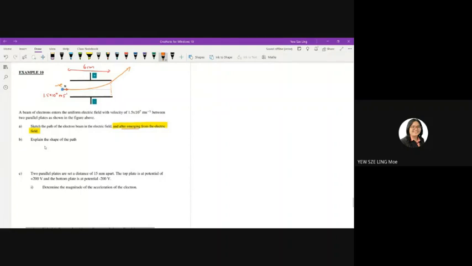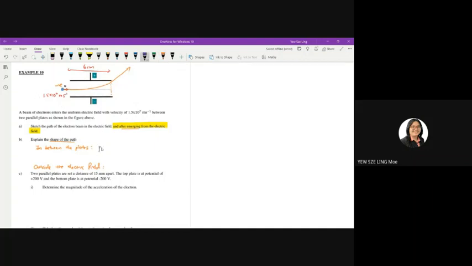Now the question asks you to explain the shape of the path. So how are you going to explain the shape? You explain in terms of in between the plates, or inside the electric field, and outside the plates, or outside the electric field. In between the plates, what happens to the path?